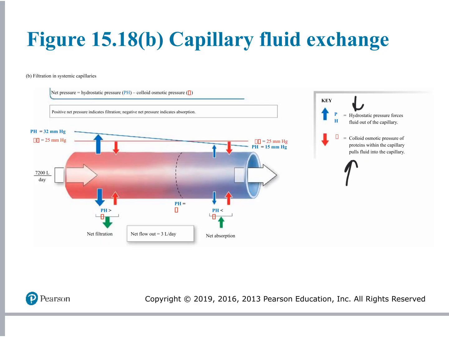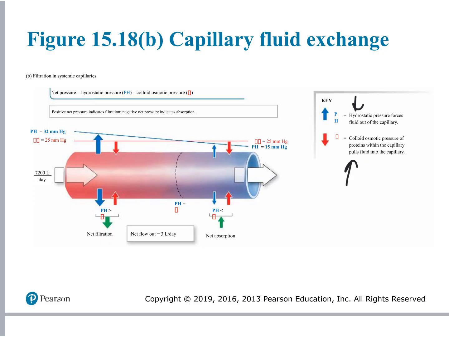So we have two forces of pressure. There's filtration pressure, forcing fluid out, and then there's osmotic pressure, forcing fluid back in. Osmotic pressure stays the same because the amount of albumin does not change, and because it cannot leave the circulation. So at some point in the capillary bed, osmotic pressure is going to be higher than hydrostatic pressure because hydrostatic pressure drops continually as it goes through the capillary bed.